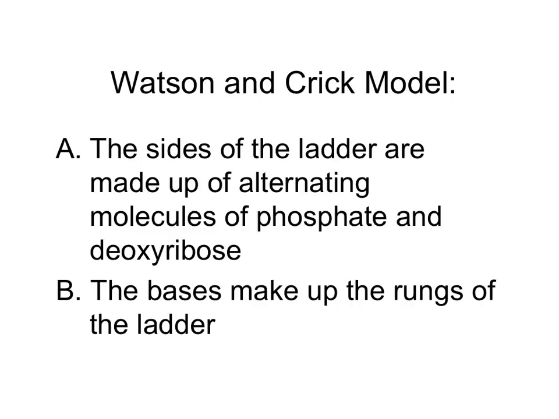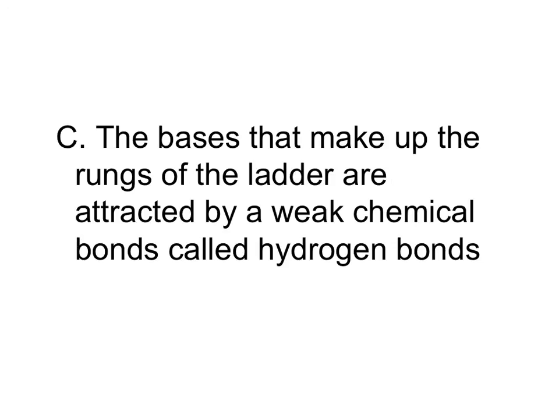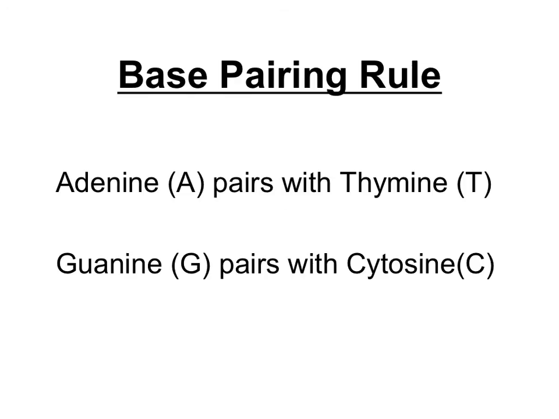A lot of people don't know what rungs mean, but the bases are the rungs of the ladder. And again, it's hydrogen bonds that hold those rungs together. A is paired with T and G with C.